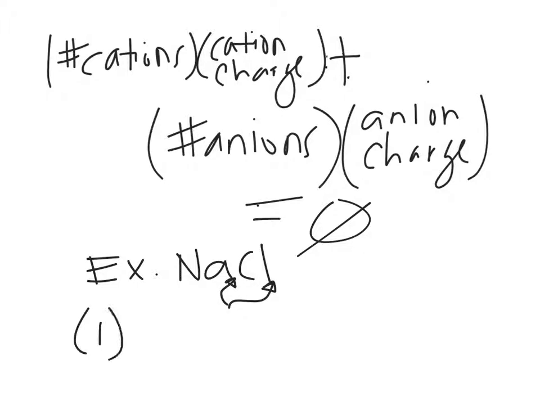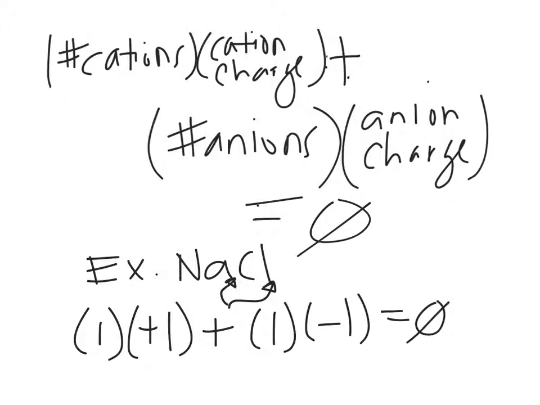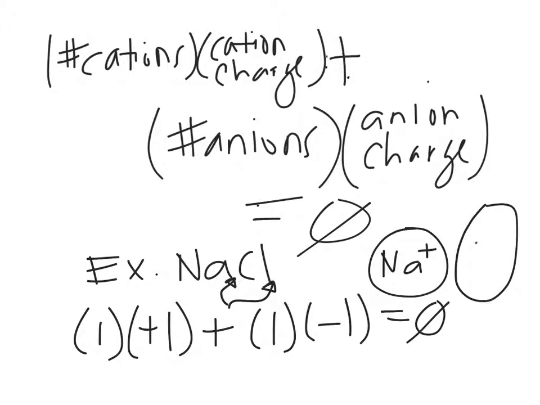So we have one sodium cation times the charge on the sodium cation, and then we have one chlorine anion, or chloride anion, times its charge. That has to equal 0. So in this case, we have one single positively charged cation and a negatively charged chloride anion, and those charges cancel each other out.